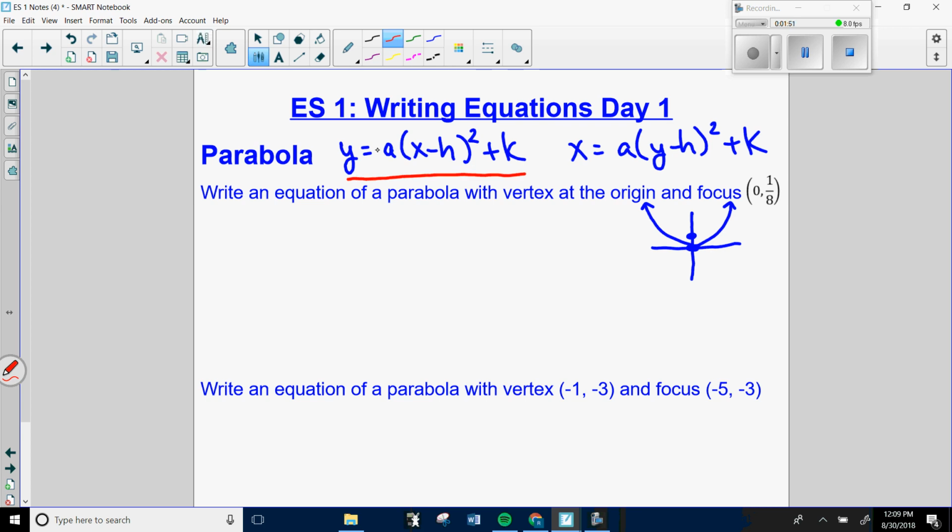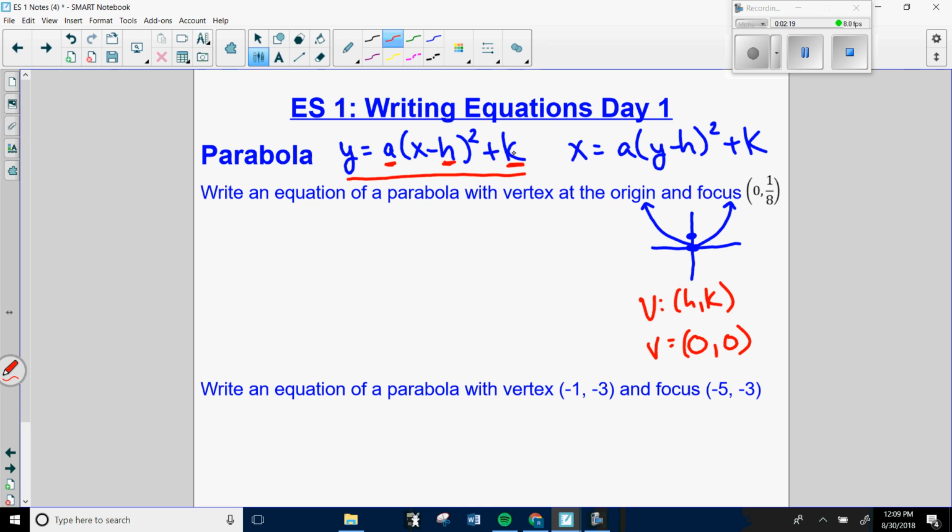In order to come up with an equation, we need to figure out the a value, the h value, and the k value. The easiest ones are h and k, because remember, the vertex is your h and k. My vertex in this particular problem is going to be (0, 0), so that's going to make it a lot easier when we plug these in.